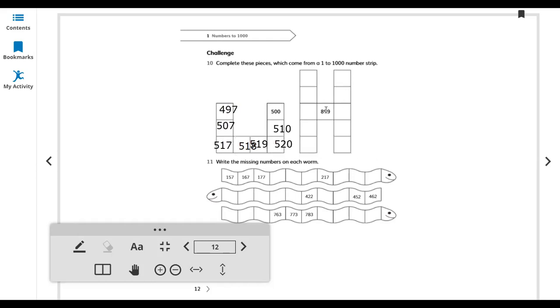This both same, 899, 900. It's easy. 900, 1000, 1100. Like this, you can do this. After this 889.